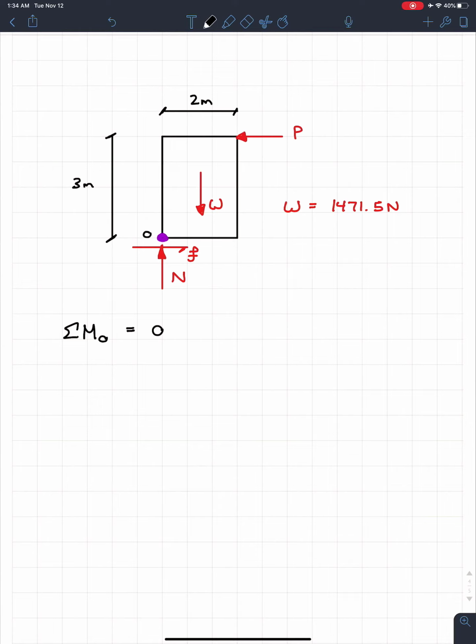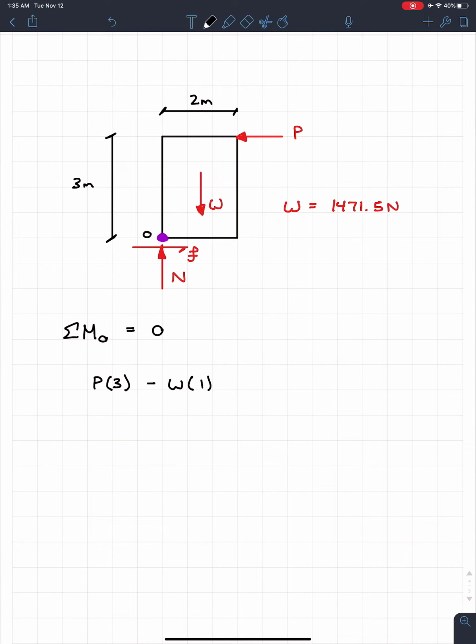So if we look at this, we have P times a distance of 3 meters. And if we look at the rotation, it's going to be counterclockwise, so that's positive. The only other thing creating a moment is the weight. The weight acts downwards, so it creates a clockwise moment, so minus W times the distance, which is the centroid of that square, halfway between the two sides, so times 1 meter.